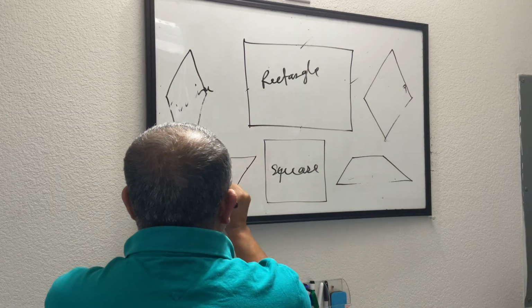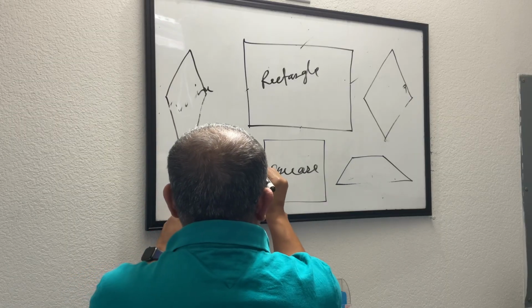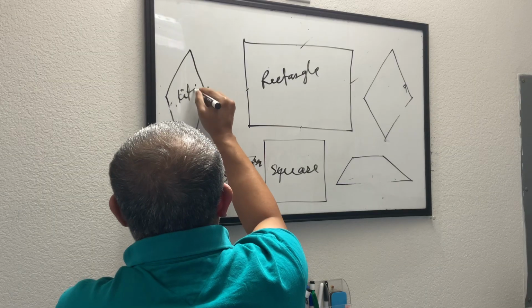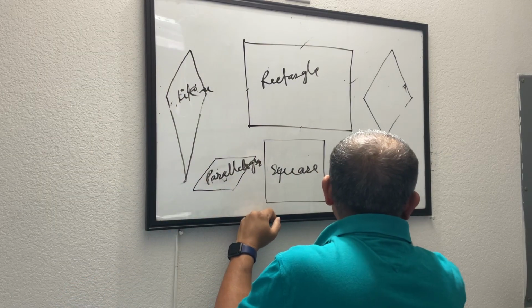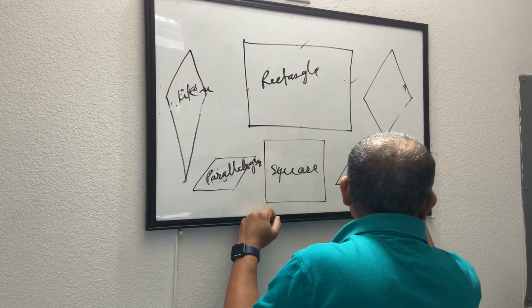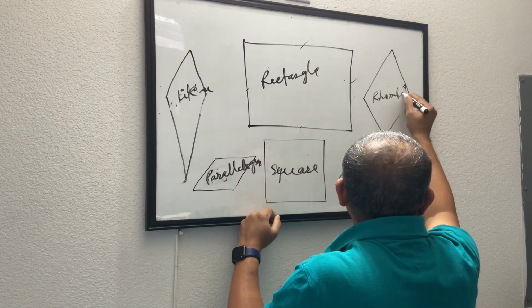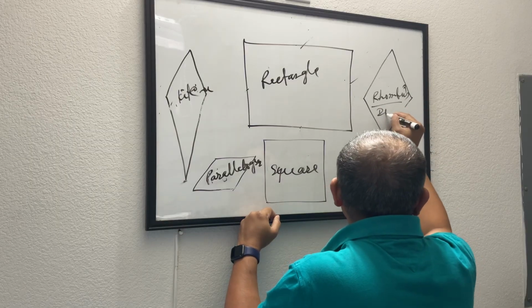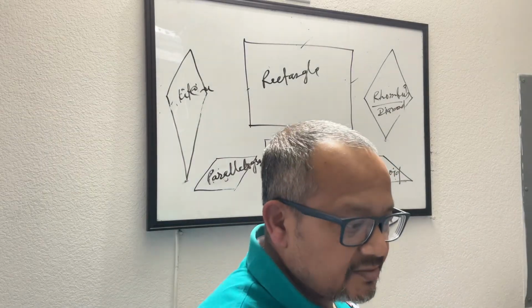This one is called parallelogram. This one is called kite. This one is called trapezoid. And this one is called rhombus or diamond, whatever you are comfortable with. Okay? Now let's look at each shape one by one.